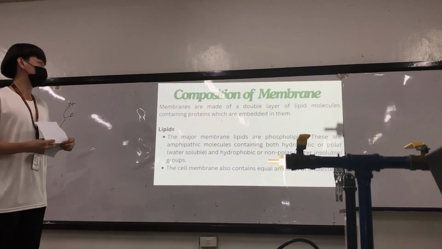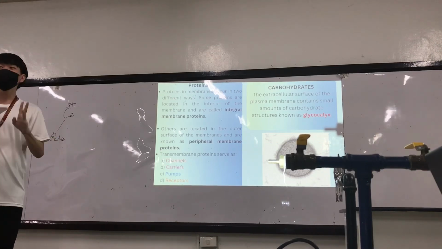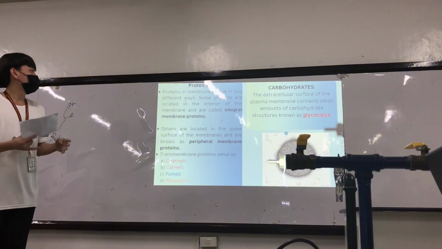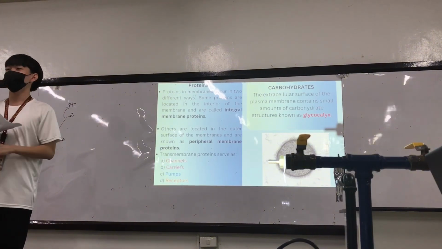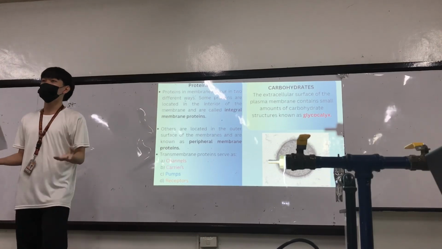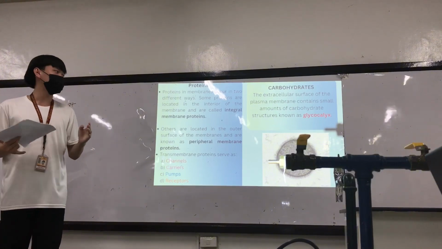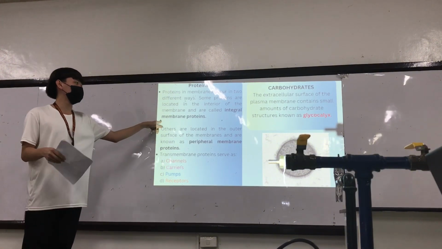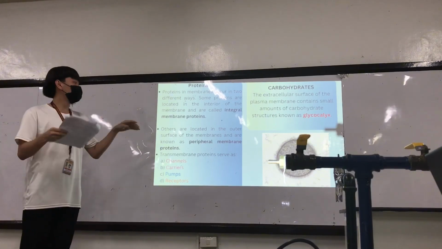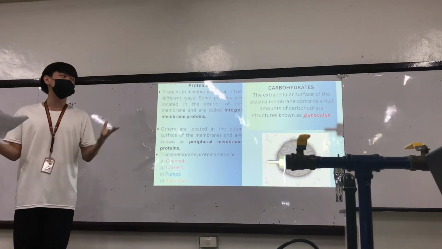Next, proteins. Proteins in the membrane occur in two different ways. Some proteins are located in the interior of the membrane, called integral membrane proteins. Usually we find these inside of the membrane, and they channel or transport molecules across the membrane.